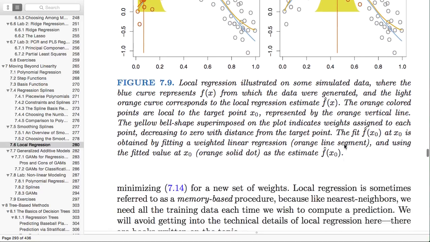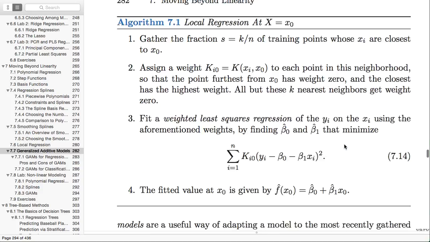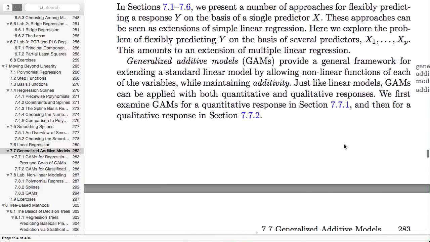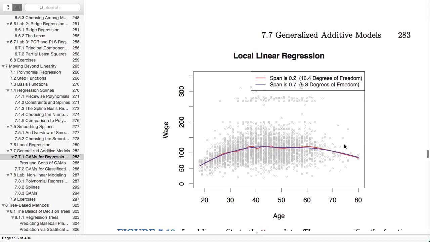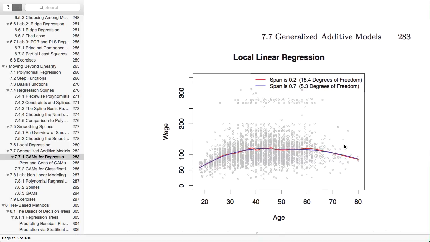Now, let's just take a quick look at another example of local regression here. Yeah, so here it is. Here's local regression with two different spans, and it's done on the age-wage data. And just at a glance, you can see that the one with the smaller span is a lot more flexible.